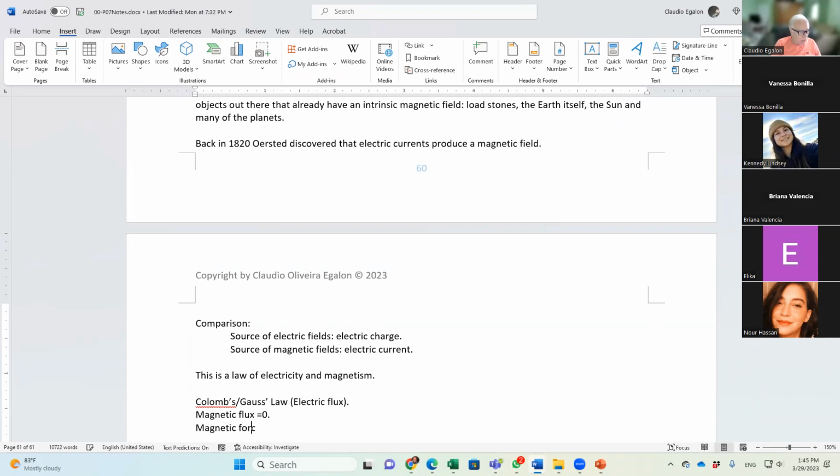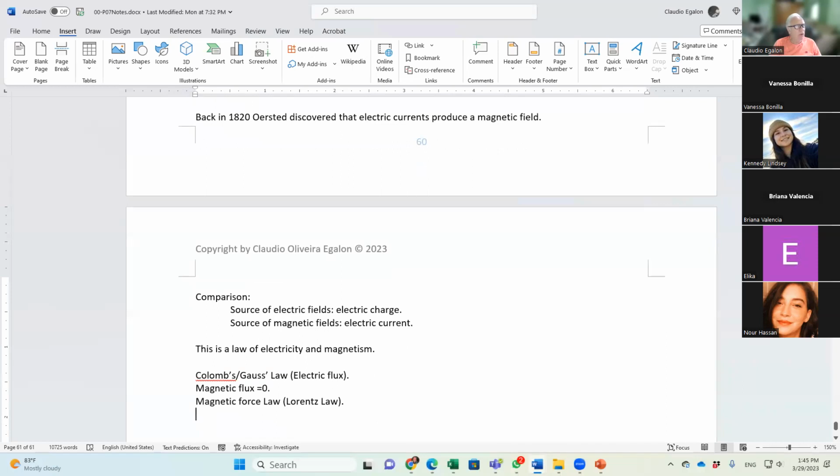Then the magnetic force law, also called the Lorentz law. And now we have this other law: magnetic fields are generated by electric current. There's a name for this law, okay?